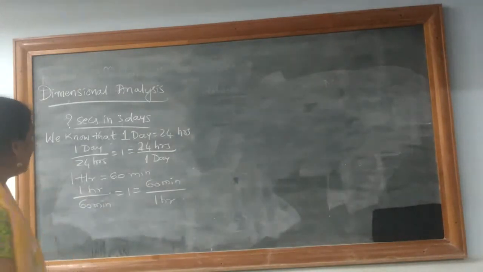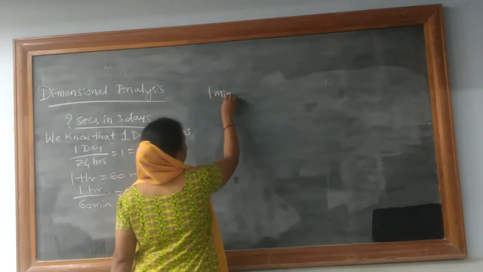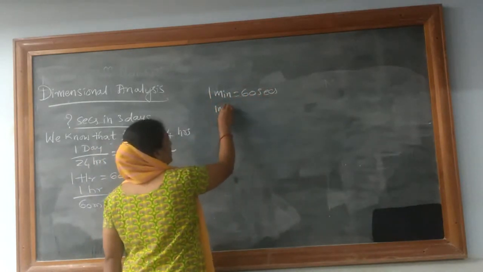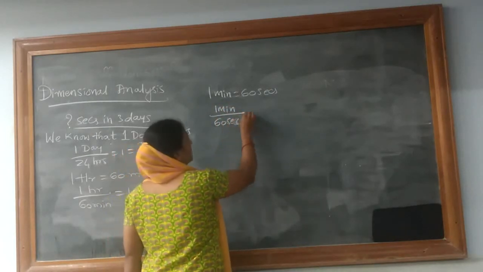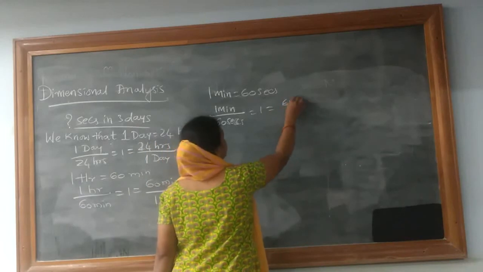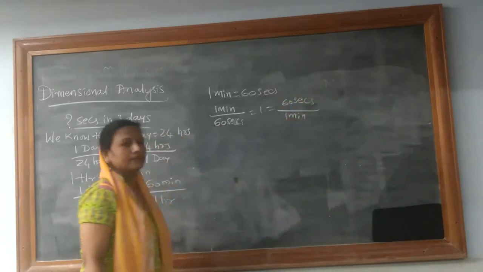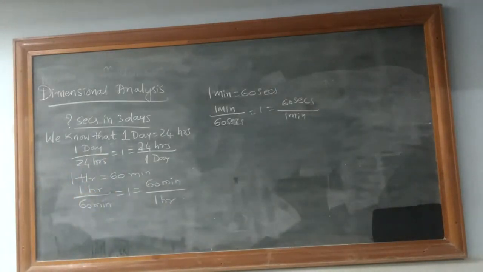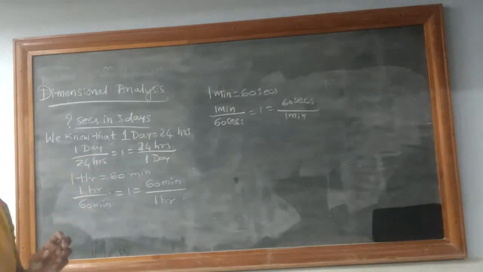Similarly, 1 minute has 60 seconds. 1 minute has 60 seconds. So therefore, 1 minute divided by 60 seconds is equal to 1 is equal to 60 seconds divided by 1 minute. Right? What is the problem there? It is to convert 3 days into seconds.